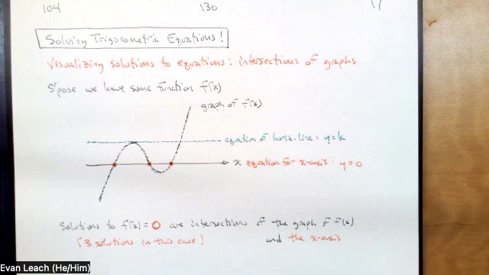If we wanted to solve the equation f of x equals k, we'll look for intersections between the graph of f of x and the horizontal line y equals k.